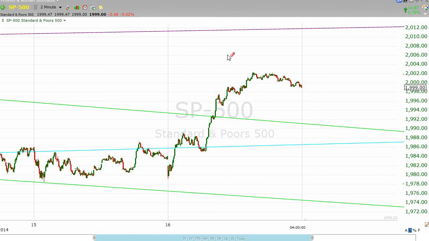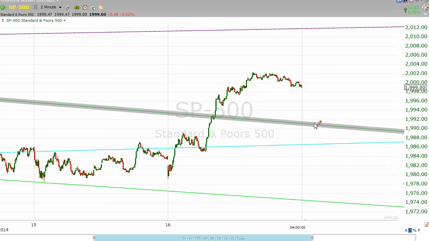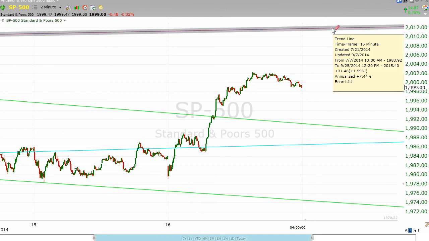All I can say is, if this behaves as a typical chart, this should now be support. Even though we're not technically significantly above it, I still think we should get some support here. And this could be resistance.